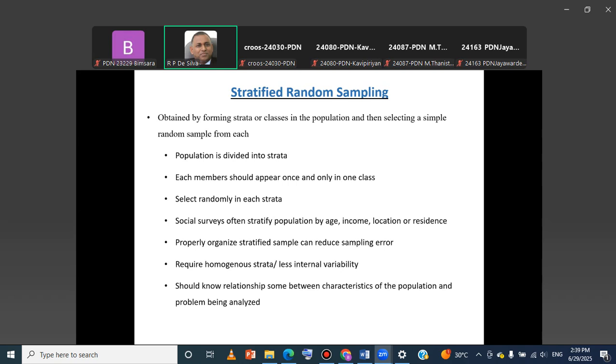Still random component is there. This one, a stratified random sampling, right? So obtained by forming strata or classes in the population and then selecting a simple random sample from each. So your sampling strategy is random, but you find this random sample from each layer or each strata when you stratify it.